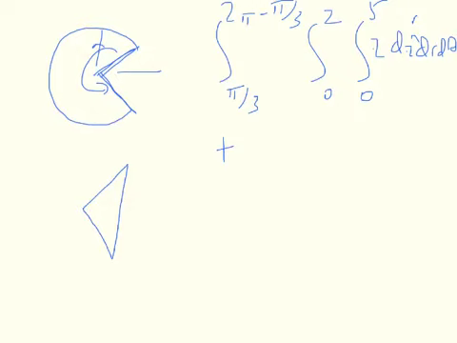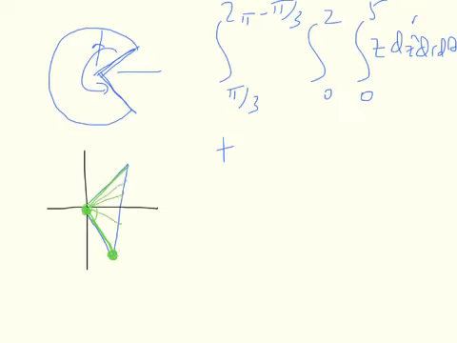Okay, so that's one piece of it, and then we need to add in whatever's happening on this triangular region, where we can think of theta as going from negative pi over 3 up to pi over 3. At this angle, we're starting at 0 and walking outward, and our radius stops all the way out here. At this angle, our radius stops quite a bit earlier.